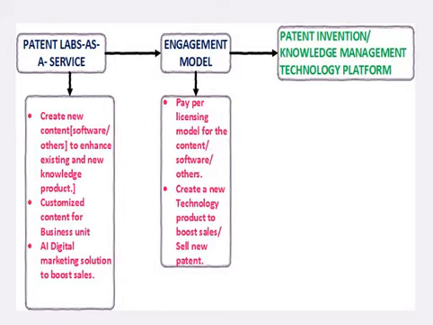So finally, what we boil down to is the patent invention knowledge management technology platform. I create this technology management platform along with the patent, and if you don't have R&D, along with the R&D as well, to surge ahead in terms of your revenue.